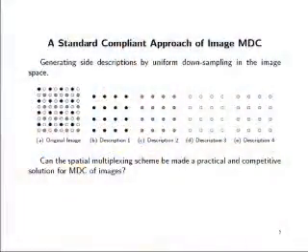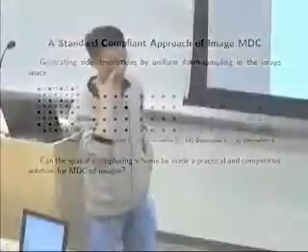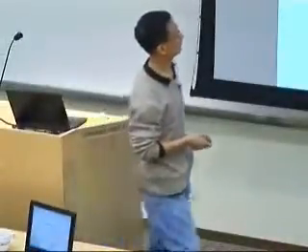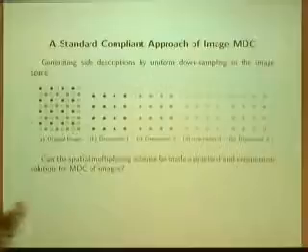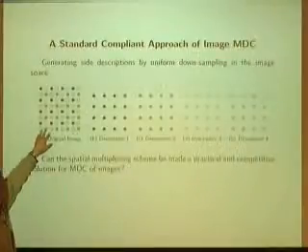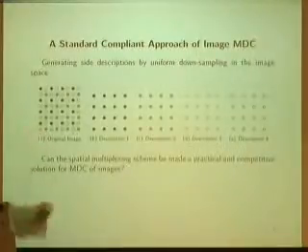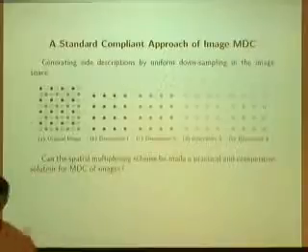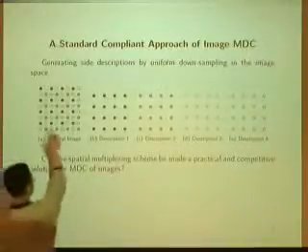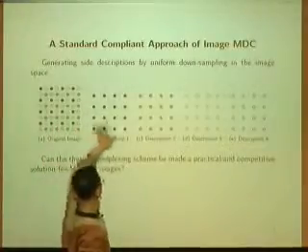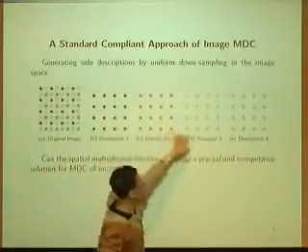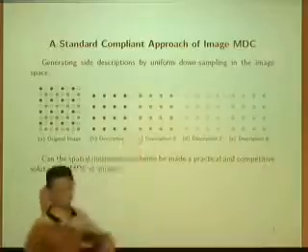So what I propose is a very simple, straightforward approach based on spatial multiplexing. This is the input source. This is two-dimensional, it could be three-dimensional, even one-dimensional audio. What you do is simply multiplex in the spatial domain, in the signal space, into subsets of sample grids.